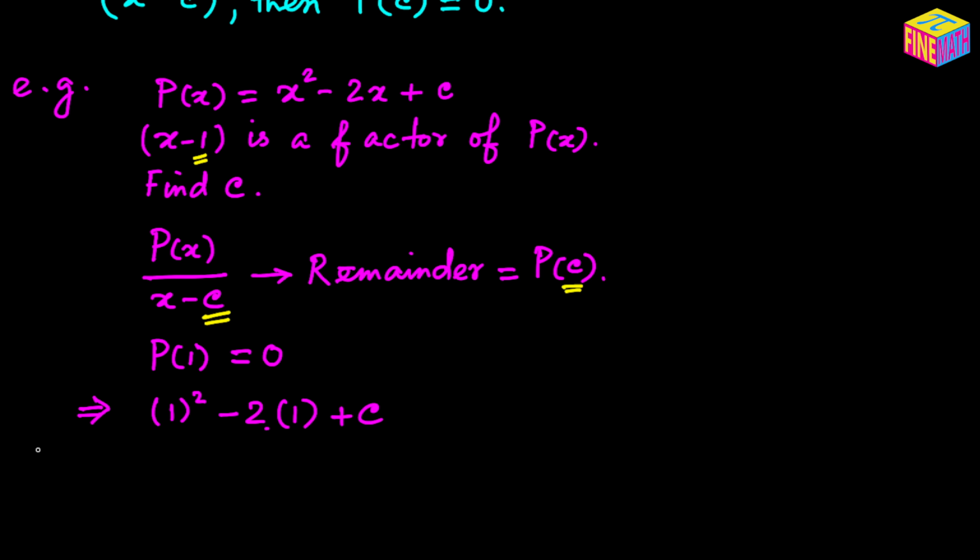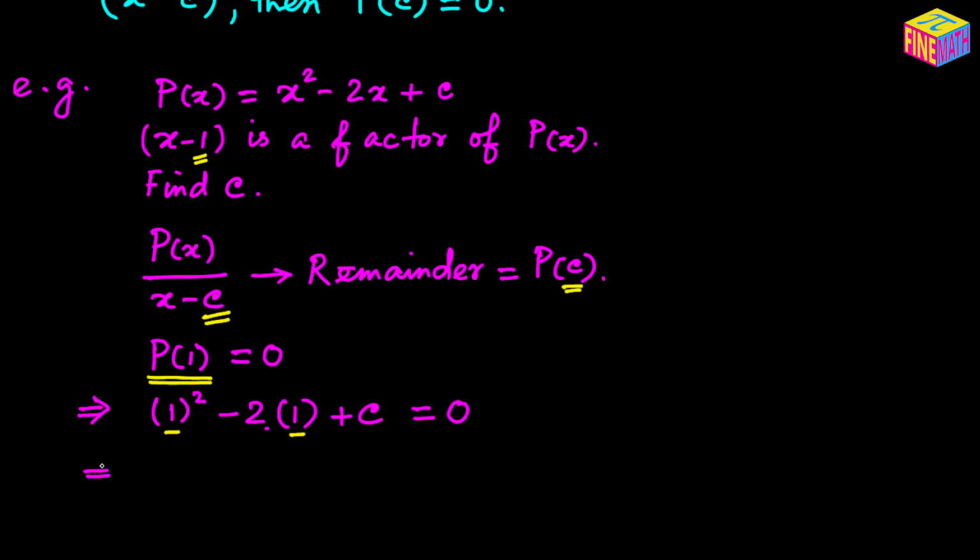So wherever we had x, I am substituting that by 1, because we are trying to evaluate the value of p of 1, right? So then this must be equal to 0, because p of 1 must be equal to 0. That means this must be equal to 0.